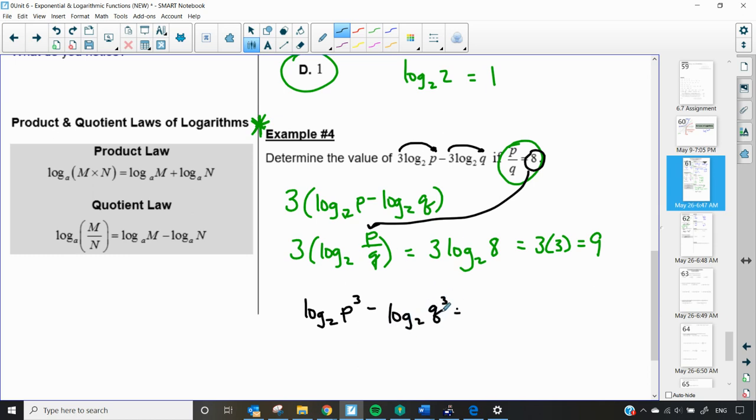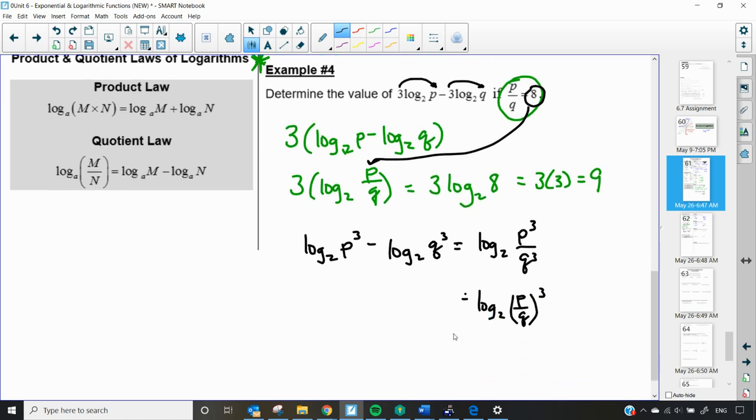Then using our quotient law, we can still divide our arguments. So we're going to have log base 2 of p cubed over q cubed, which is the same as saying log base 2 of p over q, cubed.